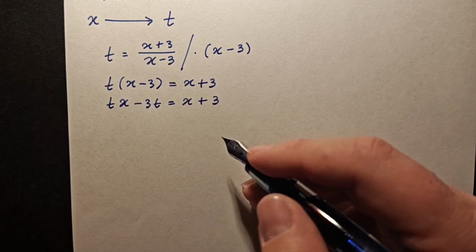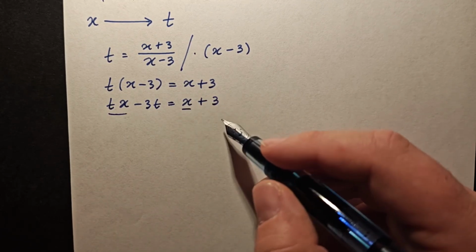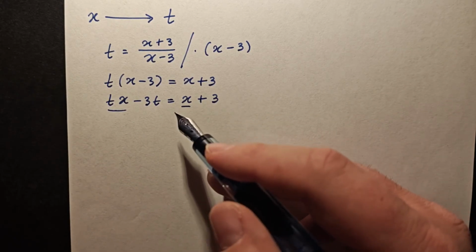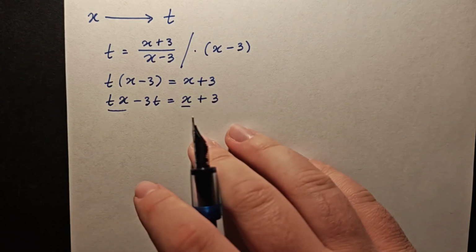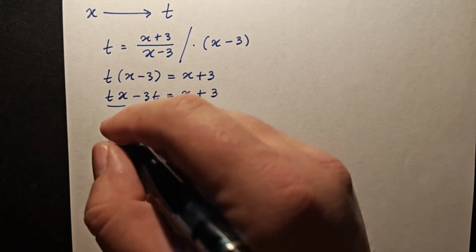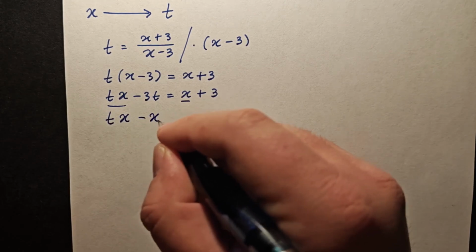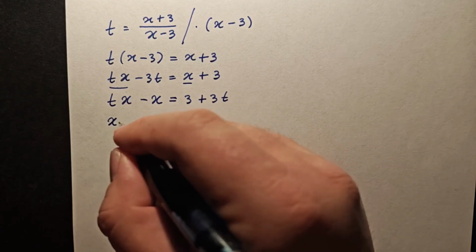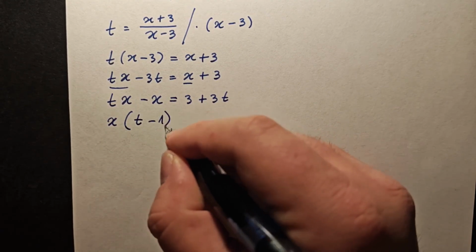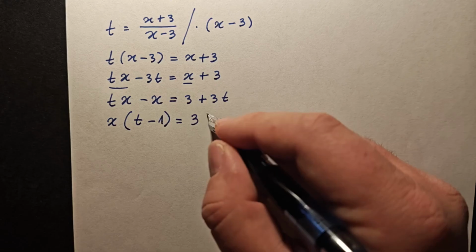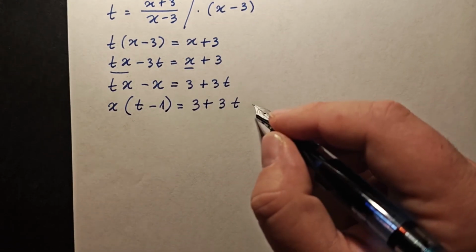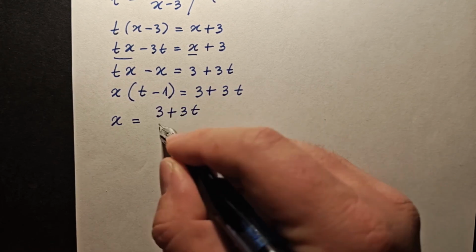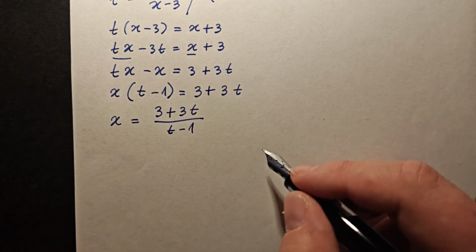And now put everything that has x on the left side of the equation, and everything else on the opposite side, the right side in this case. So tx minus x is equal to 3 plus 3t. So x is in common and we have x times (t minus 1), and that is equal to 3 plus 3t. So we have that x is equal to (3 plus 3t) divided by (t minus 1).